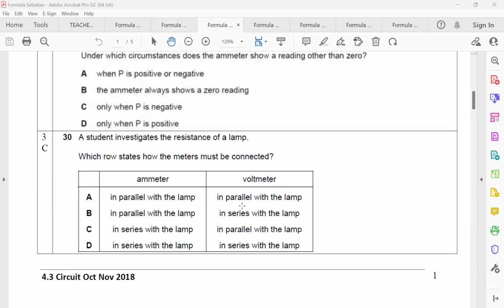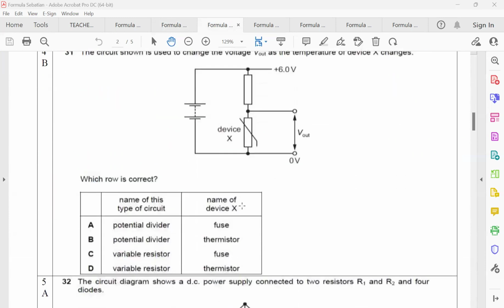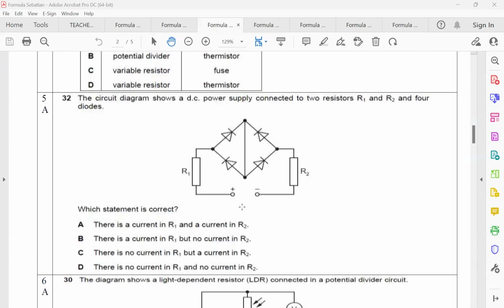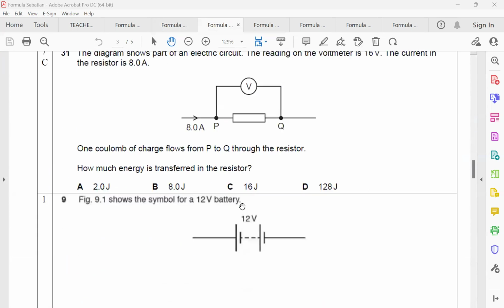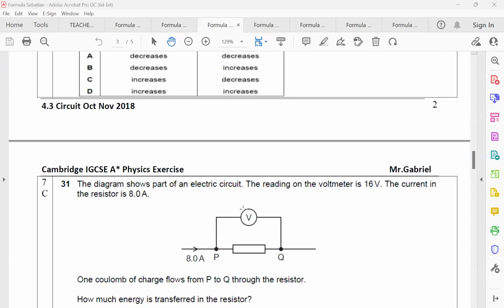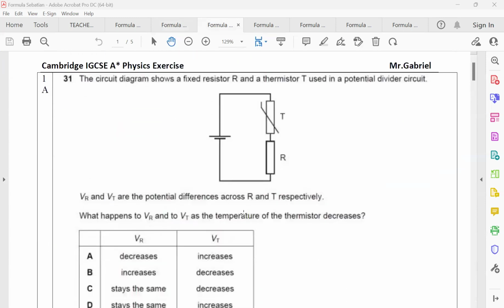Question 3C, what did you guys do, bro? 4. 5A. 6A. And 7C. How is 7C, bro? 1, 6, and 7. Oh, same thing. Same here.